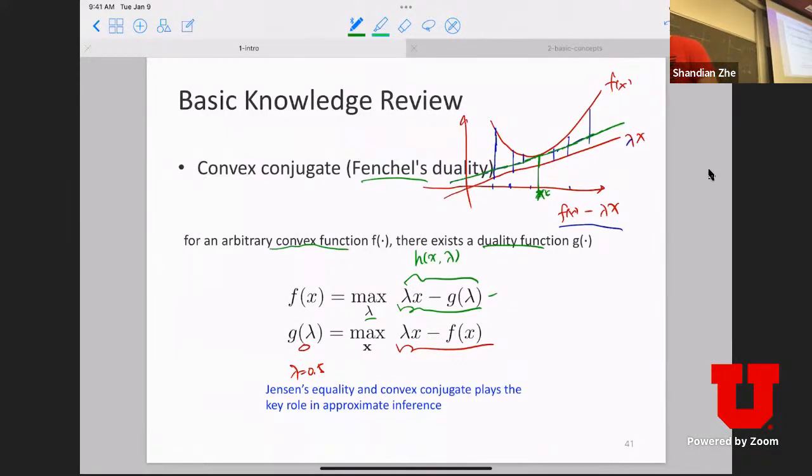If you keep moving, say move here, it will get larger.